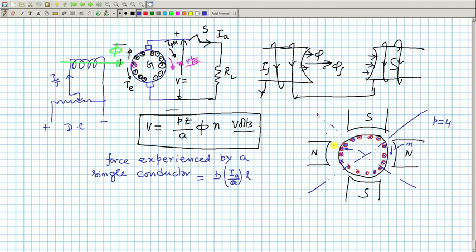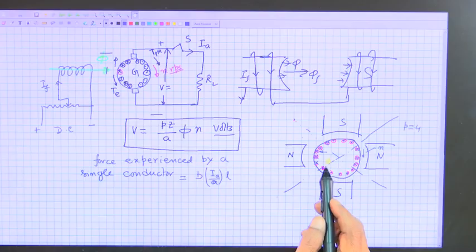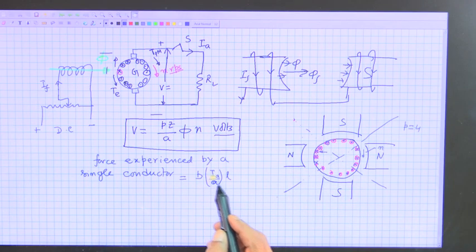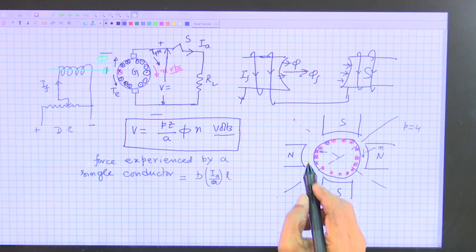And once again this conductor, as it moves, will see different values of B, but nonetheless the direction of the force will be like this, in the anticlockwise direction.